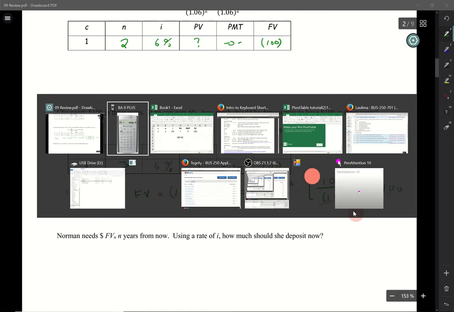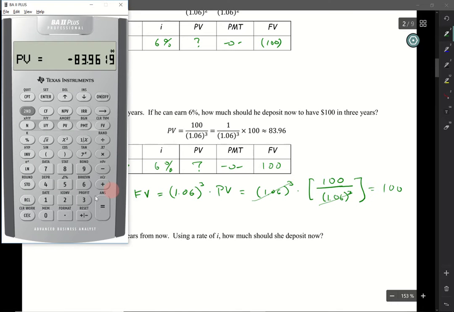Otherwise, the long way, you would just say equal $83.96, and so you would multiply by, and let's put this in parentheses, 1.06 y to the x 3 close parentheses equal.